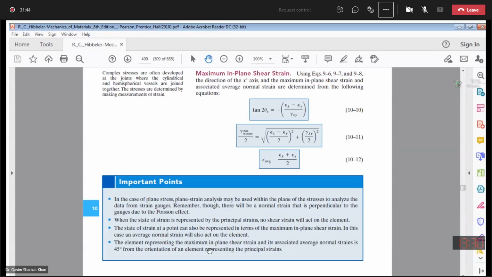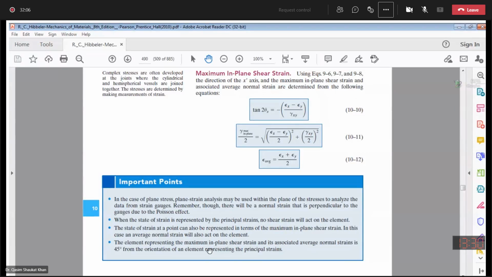So if you recall, we have said that 2 theta P1 and 2 theta P2 will be 180 degrees apart. Similarly, 2 theta S1 and 2 theta S2 will be 180 degrees apart. So 2 theta P1 and 2 theta S1 will be 90 degrees apart.